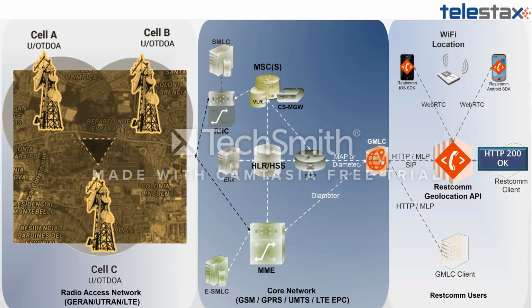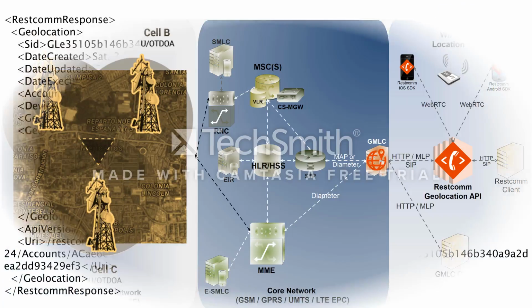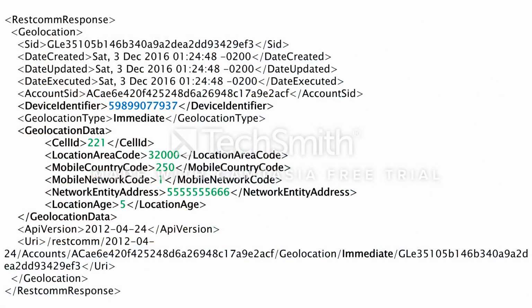So finally, the Restcomm Geolocation API will give the answer back to the client in HTTP, and what the client will see is the Restcomm response.